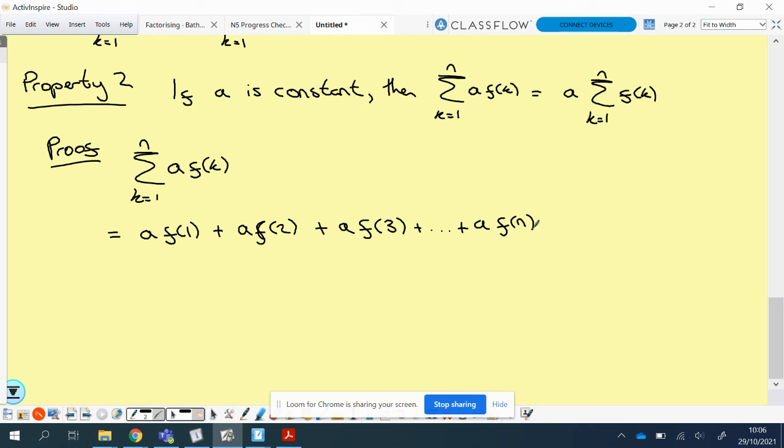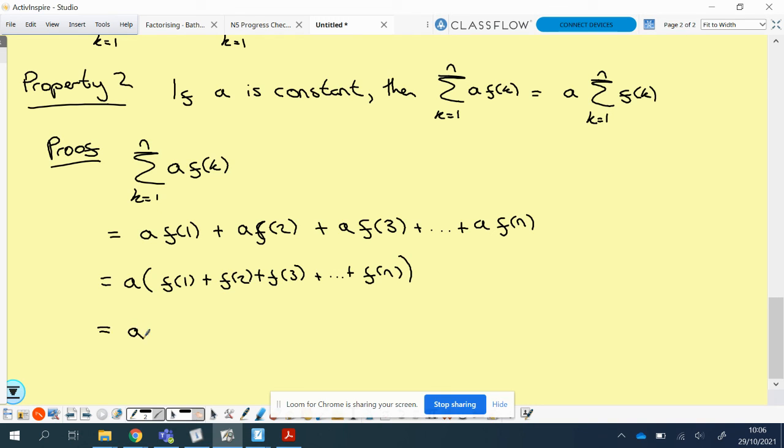That's me putting in all the values for k equals 1 up to n in my function. Take a common factor of a out, so that's going to be f of 1 plus f of 2 plus f of 3 plus up to f of n.